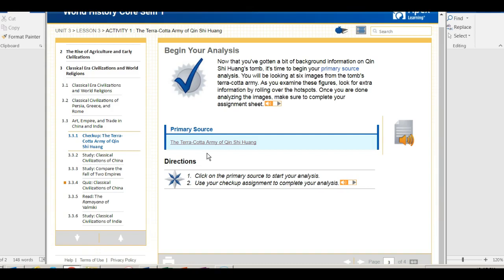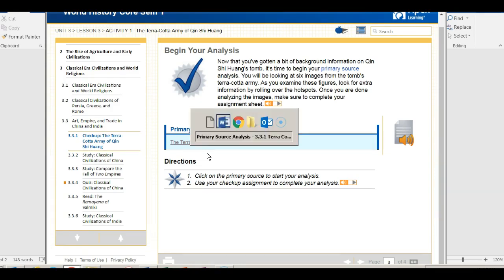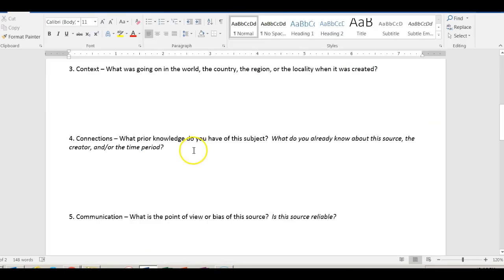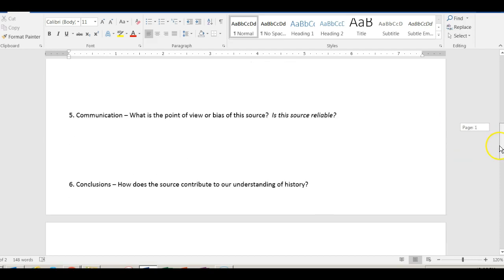Anything that you can relate to the source, I want to know how you do that. You could even connect a movie that you've seen to something in the source. So don't say, I don't know about this subject. Try to connect something that you already know with any part of the source.